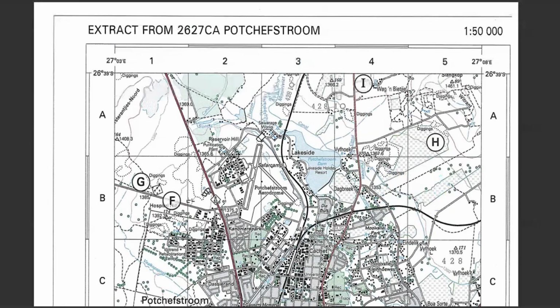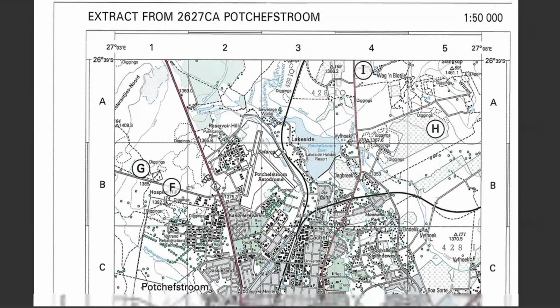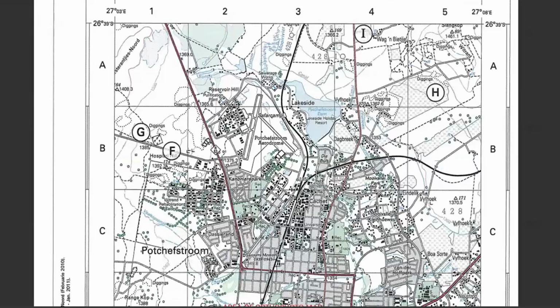Our block A2 is here, and if you check where our benchmark is here. Right, and the other point is a trig beacon at F. Our trig beacon is here. So those are our 2 points.